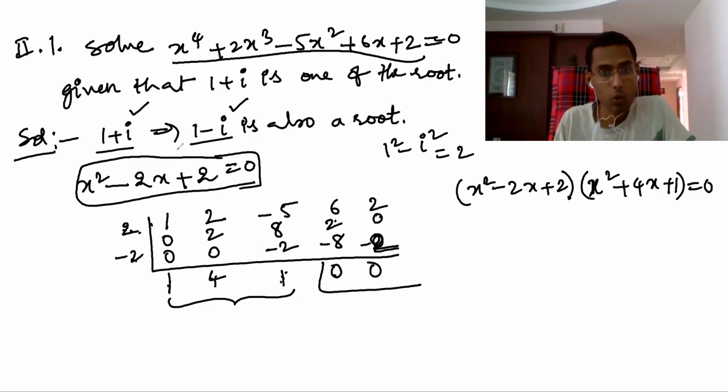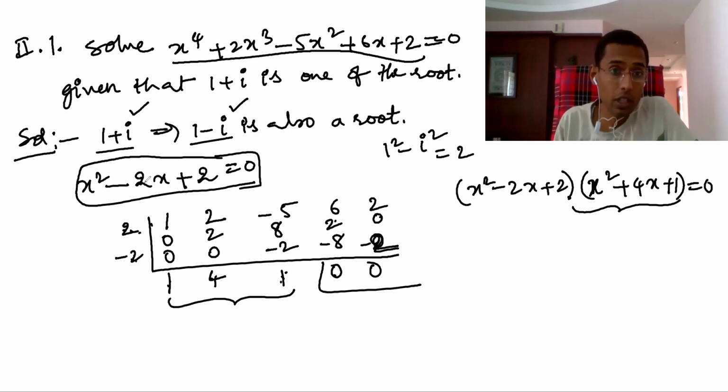If I divide this fourth degree polynomial with second degree, then I am going to get a second degree quotient. What is the second degree quotient? This is the second degree quotient, and I must get remainder 0, because this is a root. Now, if this is a root, then this remainder must be 0. This is synthetic division.